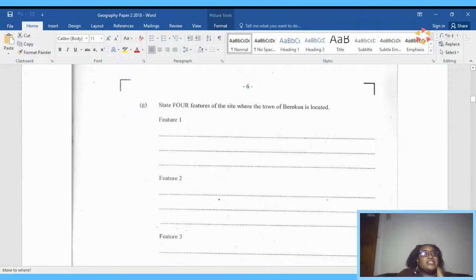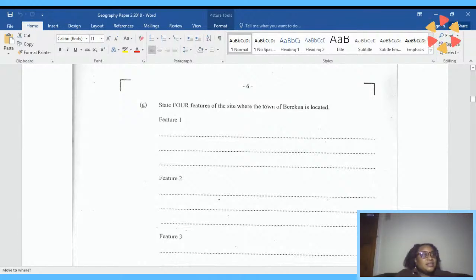So remember, we just went through settlements and why settlements are located in certain areas. That is called the site. The site is the location of a particular settlement.